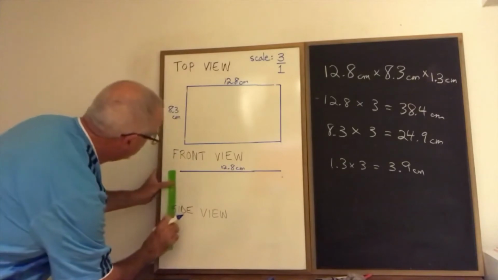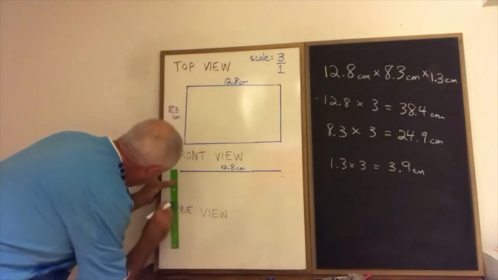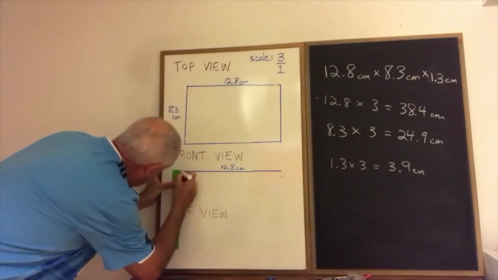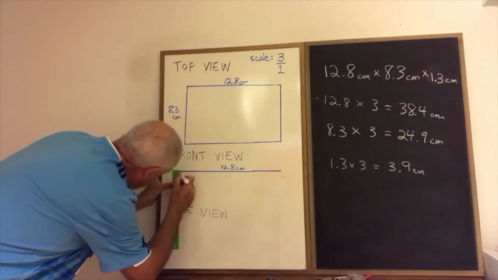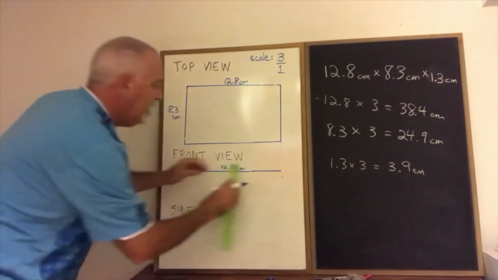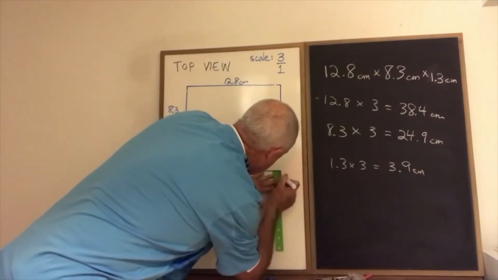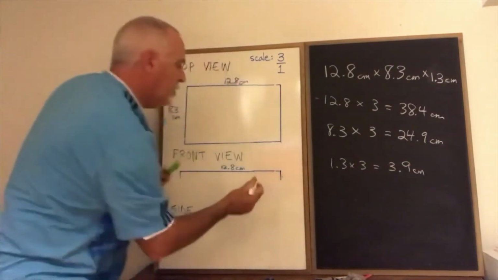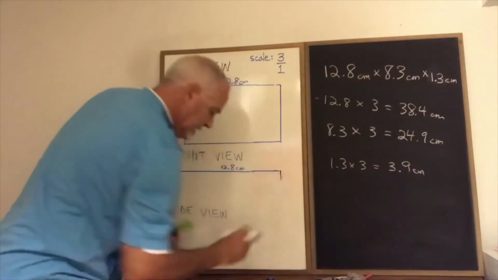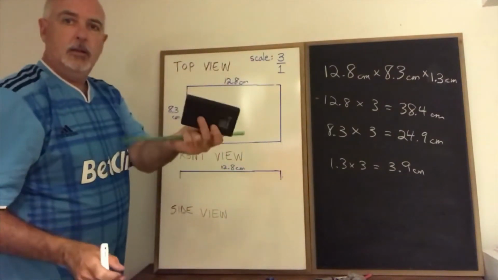Now I need the 3.9 centimeters. Not very long. But that's the whole point. It represents the real shape of this object, and this thing is not very thick.